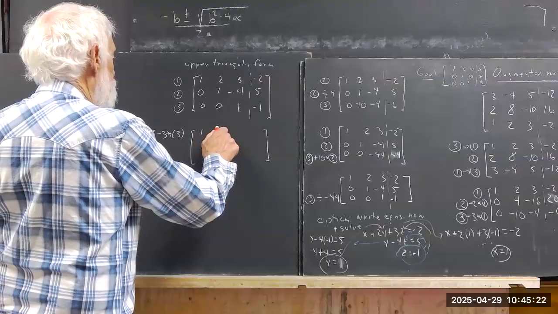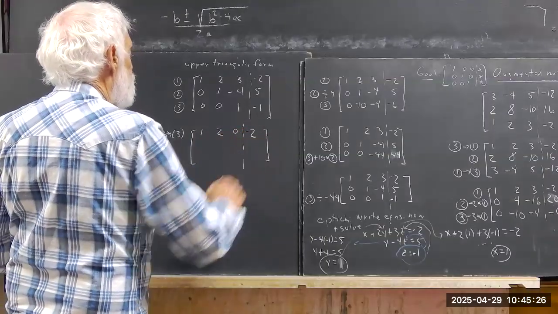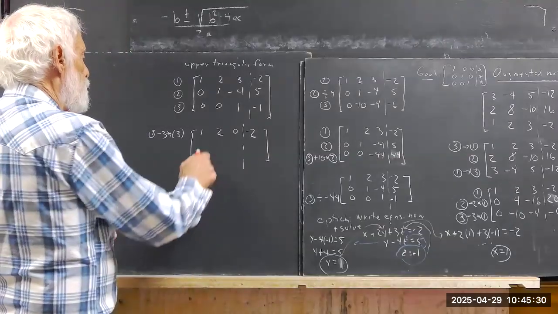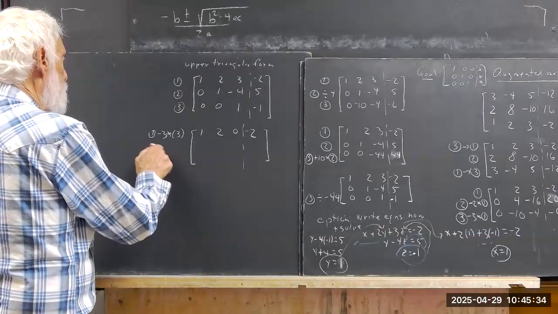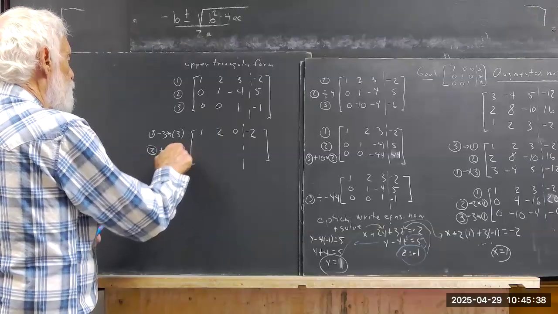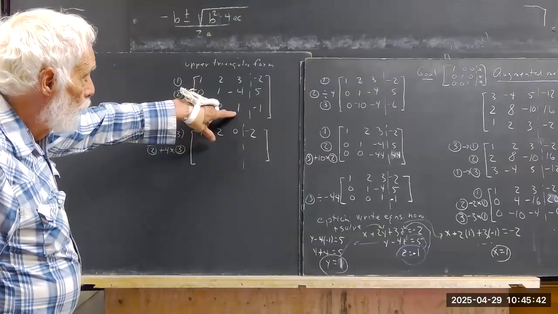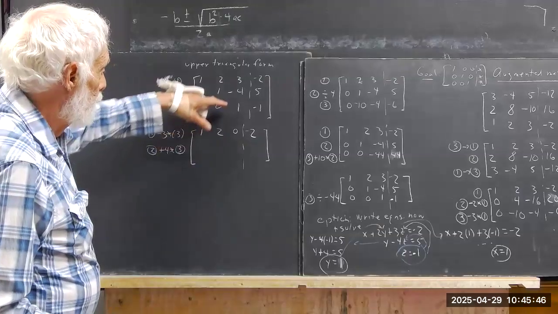So that's going to give us 1, 2, 2. Then our second row is going to be the second row plus 4 times the third. If we multiply 4 times the third row, we're going to get 4, -4.